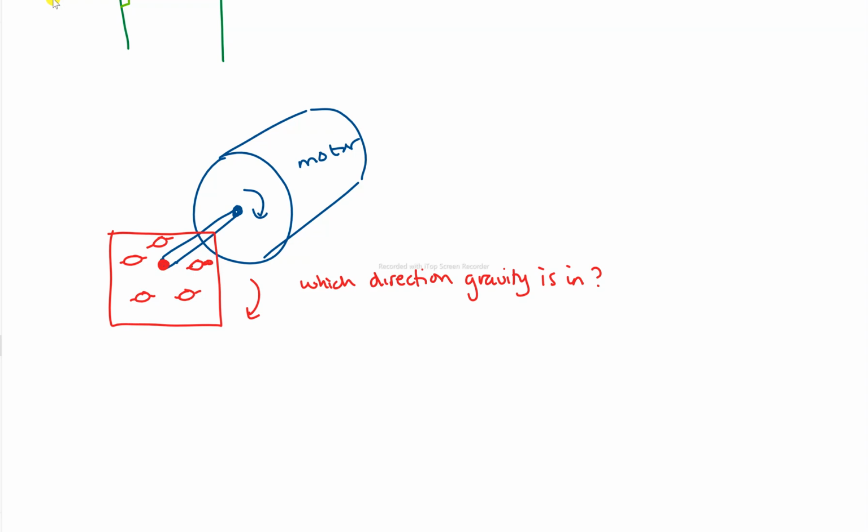And when you come back after a couple of days, the roots are growing out that way. This is called a clinostat. I think that's how you pronounce it.